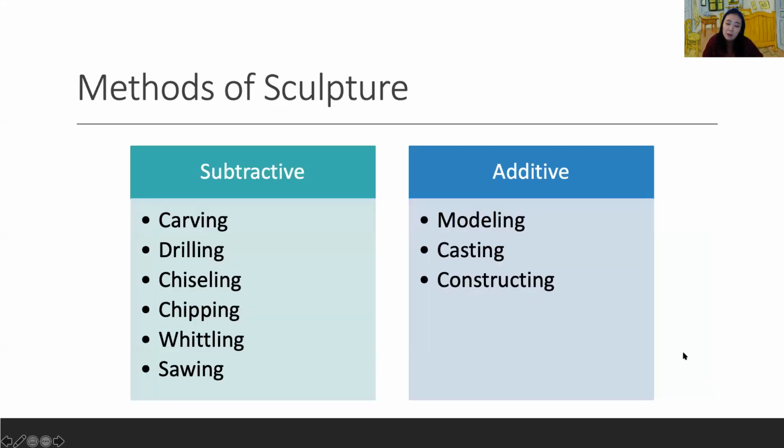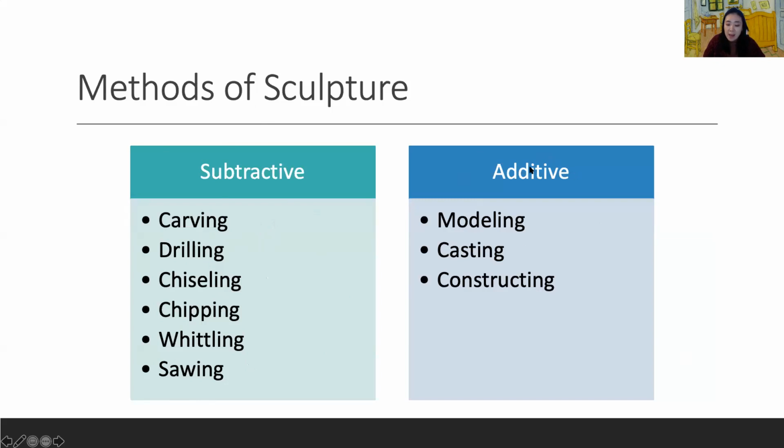Sculptural methods are either subtractive or additive. In the subtractive processes, a sculptor uses a tool to carve, drill, chisel, chip, whittle, and saw away unwanted material.